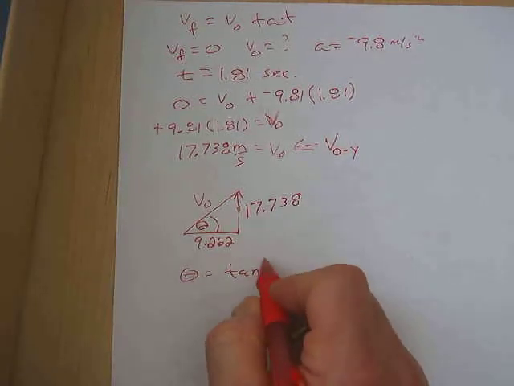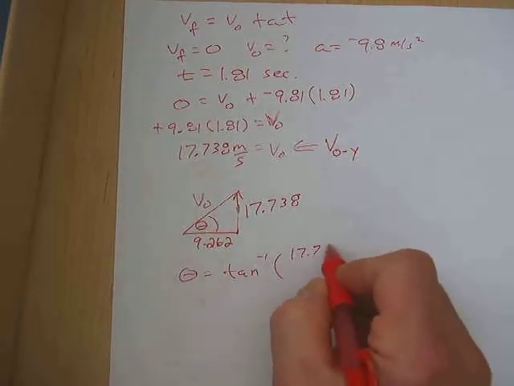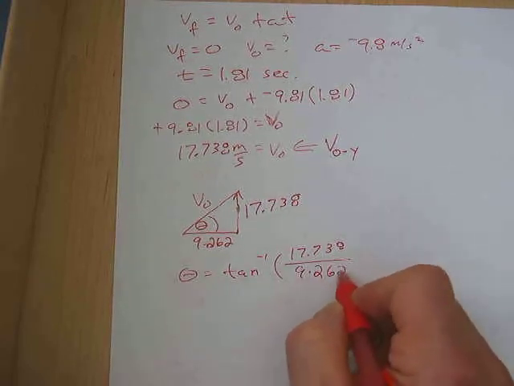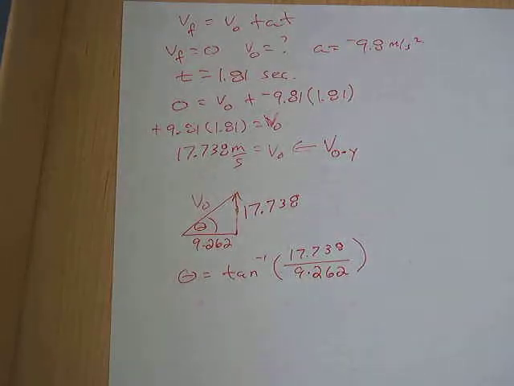Can you use your trig skills to figure out V naught and the angle? Sure. Let's do the angle first. Theta is going to be the inverse tangent of 17.738 over 9.262. Making sure I'm in degree mode, I am.